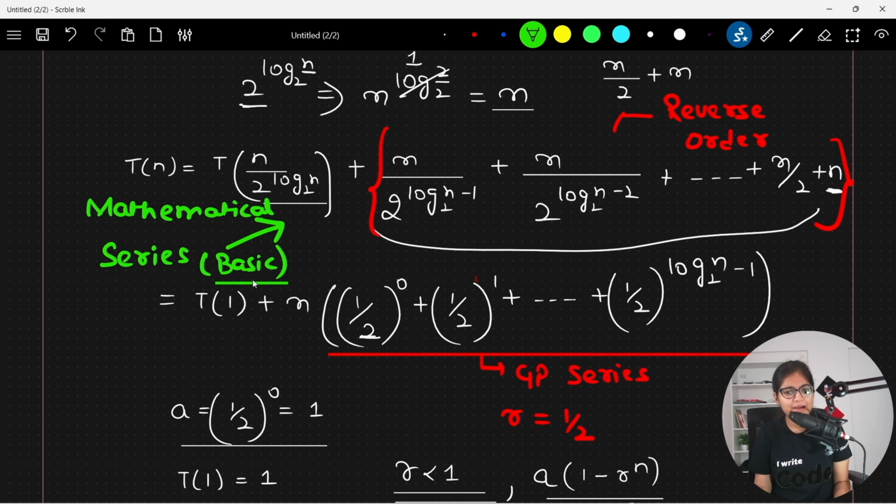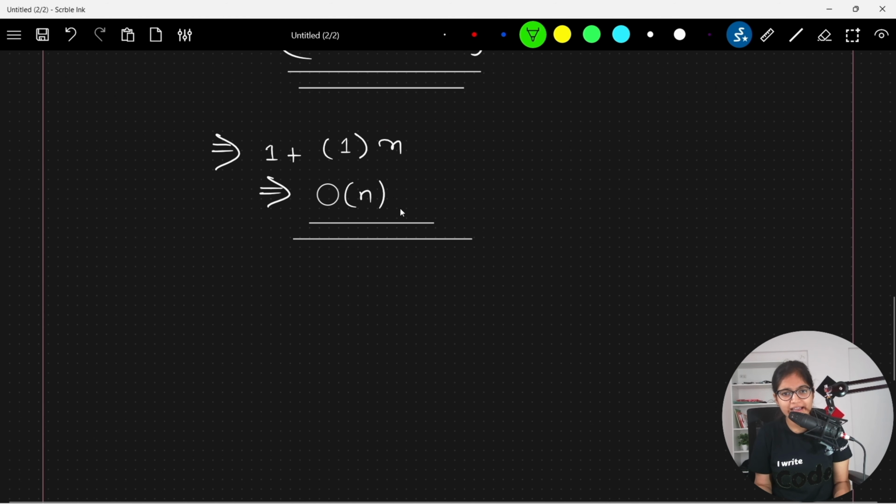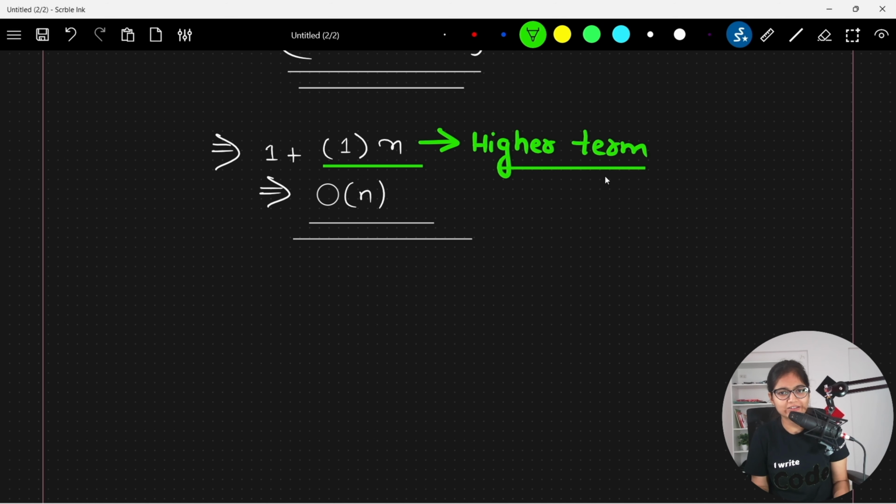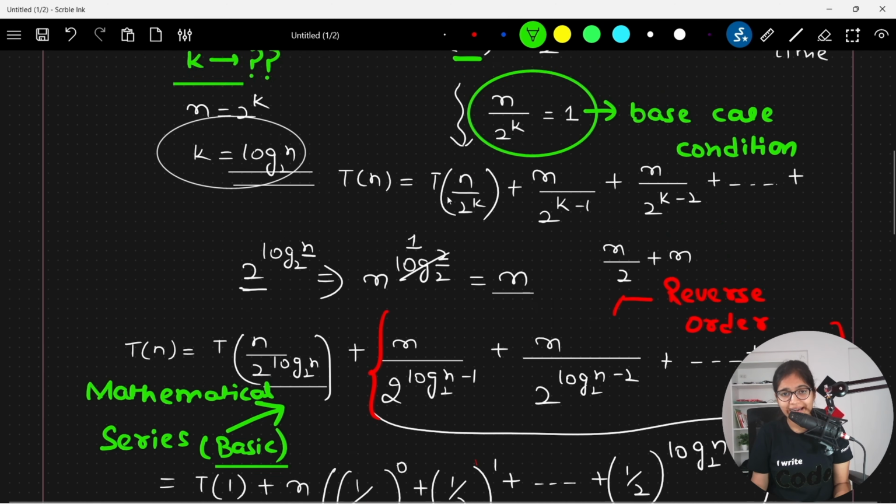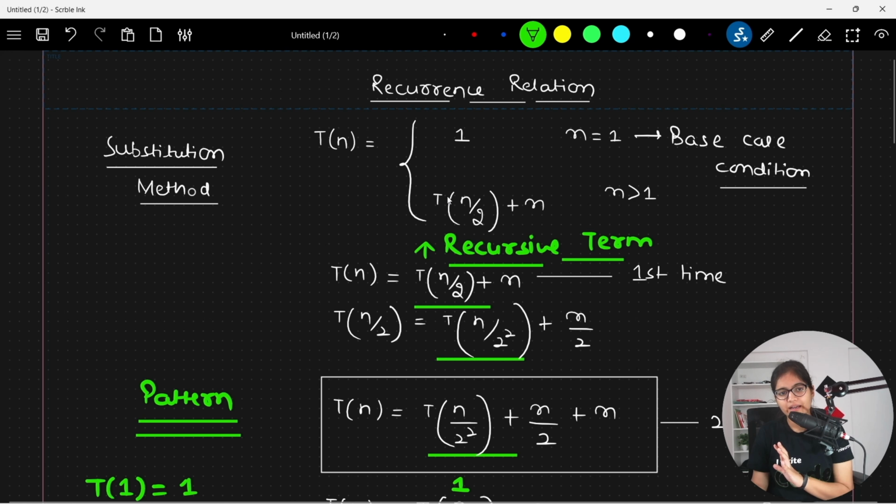Once you get an idea about that, you will always have that higher term. You need to see the higher exponent term, or higher degree. Whatever you are getting here will be your final time complexity. That is the simple approach to solve any recurrence relation with the help of a substitution method.